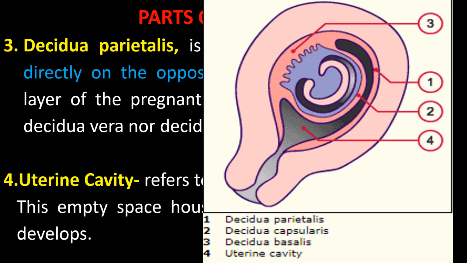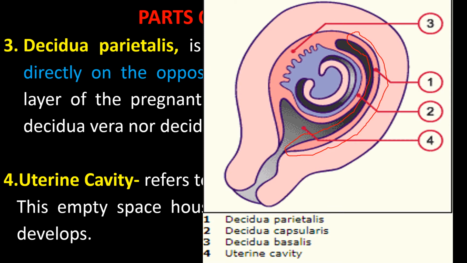So we look at our drawing of the decidua, and as you can see, the decidua parietalis is number 1. It's here. As defined a while ago, this is directly opposite the decidua vera or the decidua basalis.